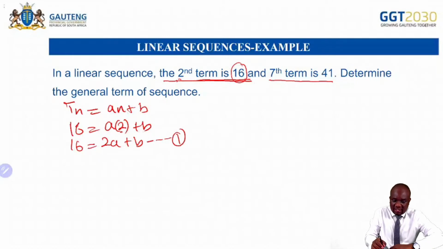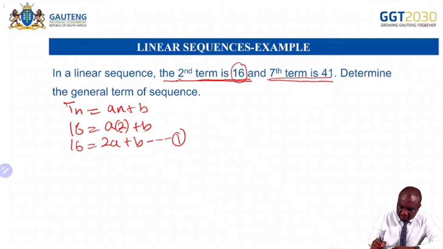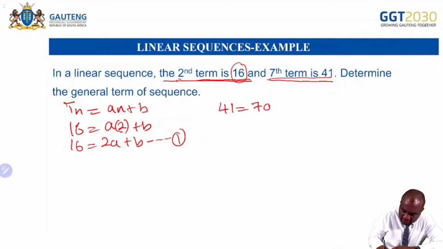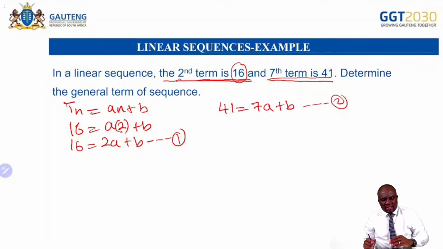Then we create another equation using the other set of information. The seventh term is 41, so 41 is equal to 7A plus B. That's equation number 2. Where there's n, you put 7.